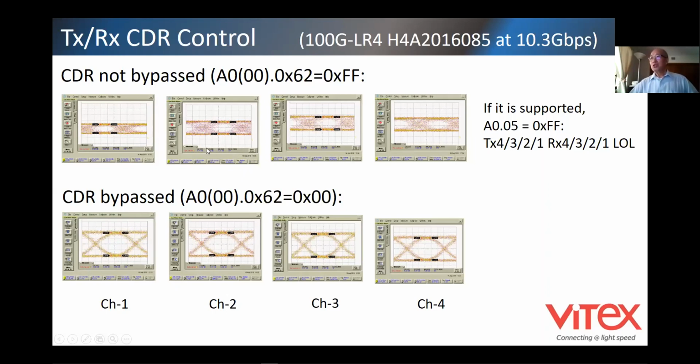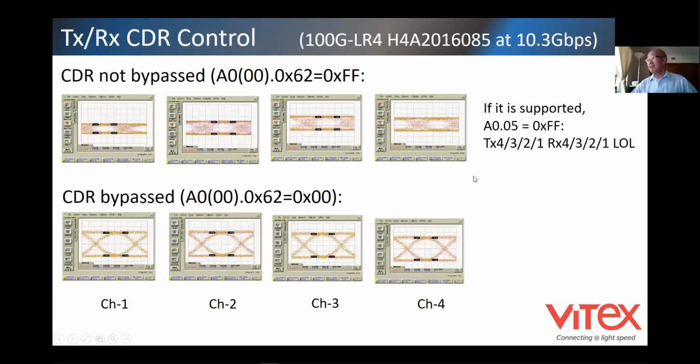In order to get the one down here, which is the same signal, you change the CDR to bypass mode, which is allowed in the MSA, in register A0 62. If you change it to 00, the clock will become very clean, like this 10.3 gigabits per second clock. So two things you need to check.